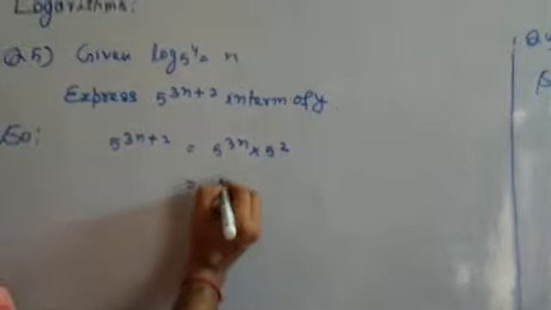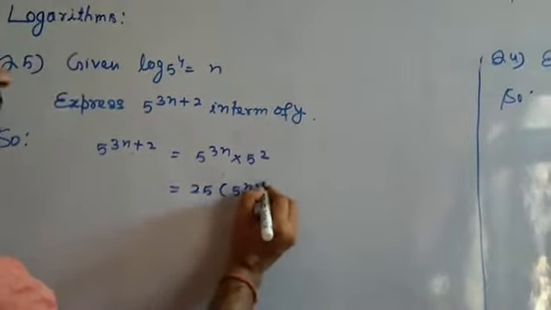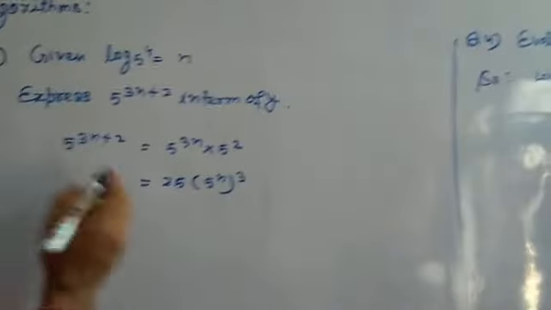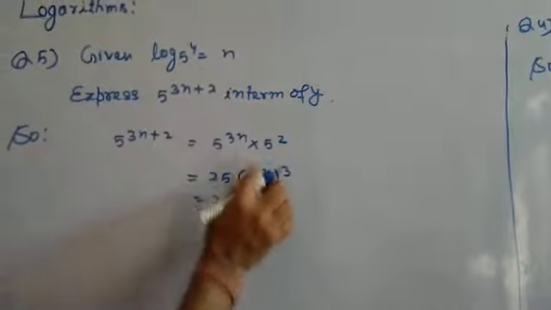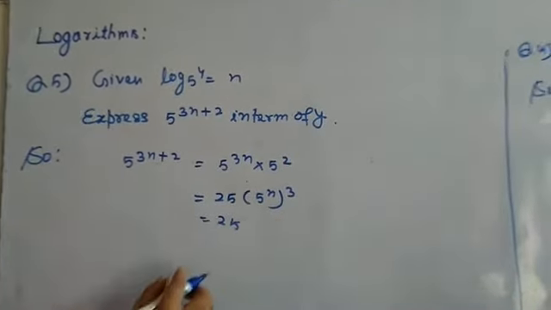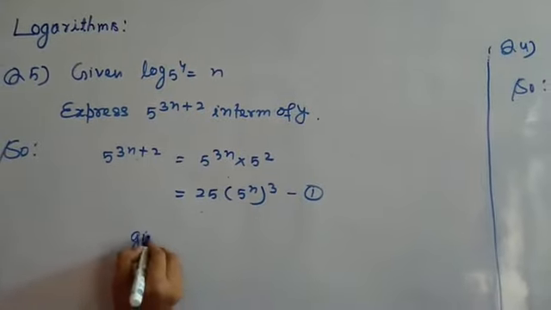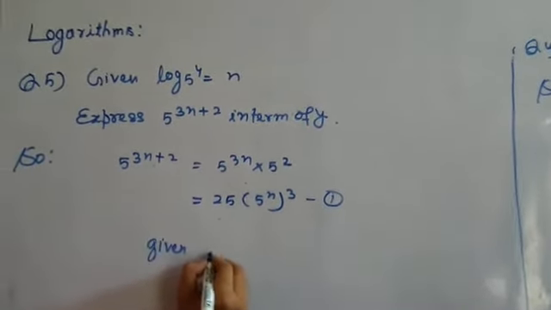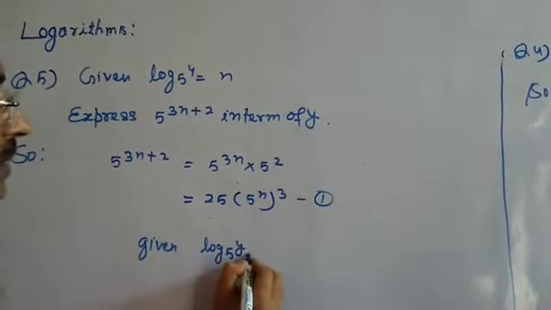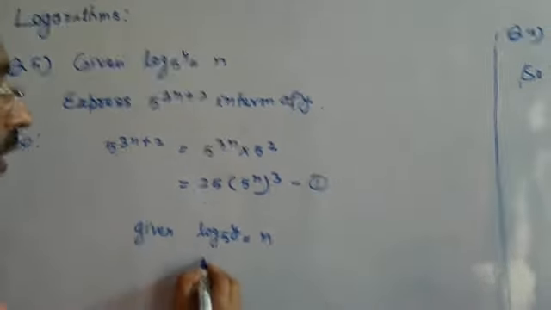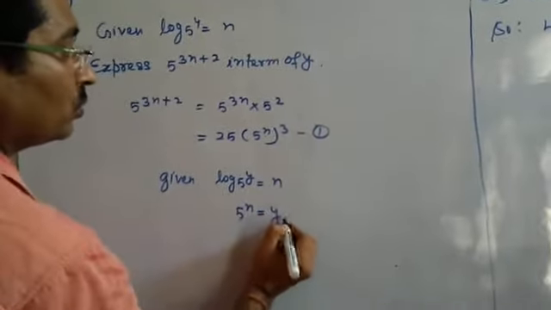This may be written as 25 into (5 power n) power 3. This is equation 1. And given log y at base 5 equals n, you may write 5 power n equals y.